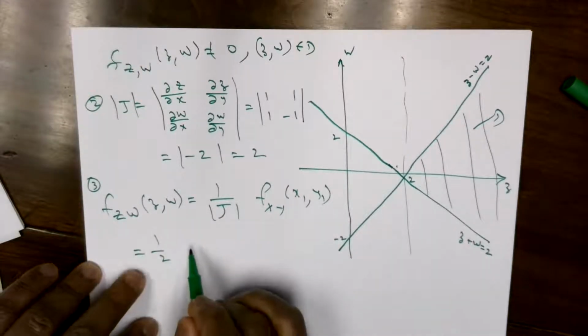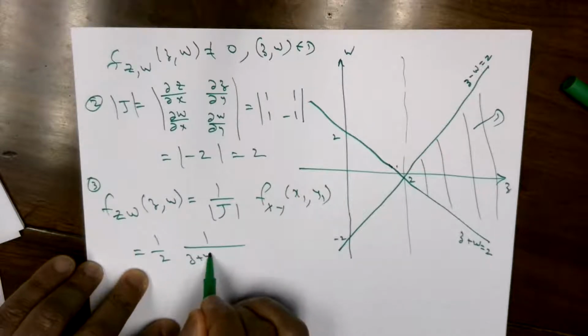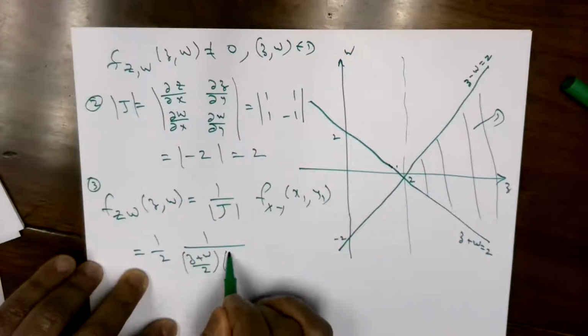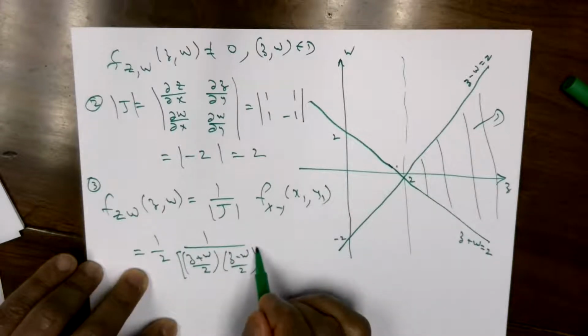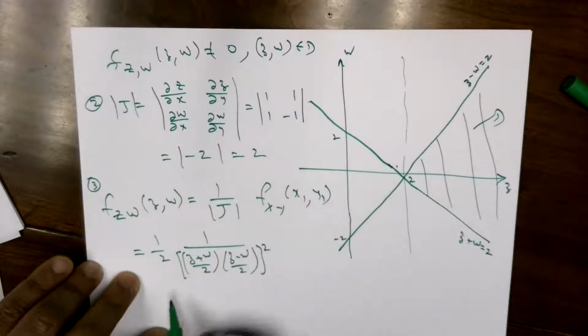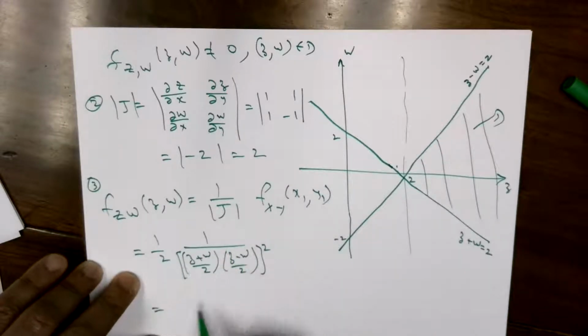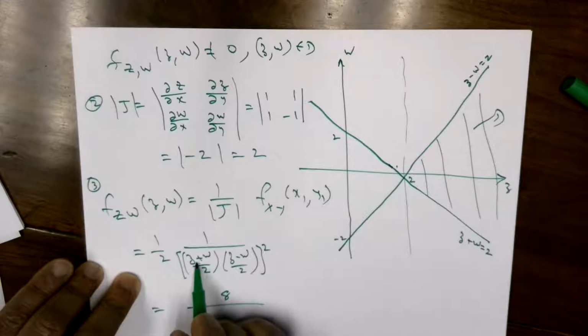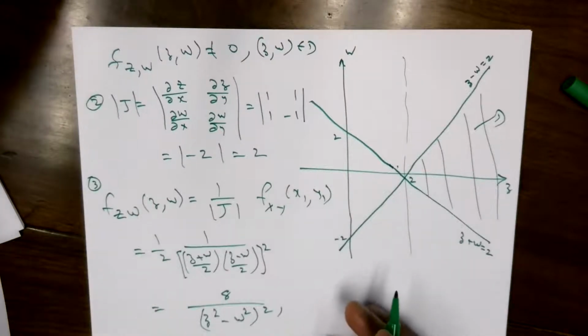So if I substitute, this is going to be 1 over z plus w by 2 multiplied by z minus w by 2, the whole squared. So 4 squared is 16, which cancels with the 2. So this turns out to be 8 over z squared minus w squared, the whole squared. And we bring in all these conditions that we derived before.